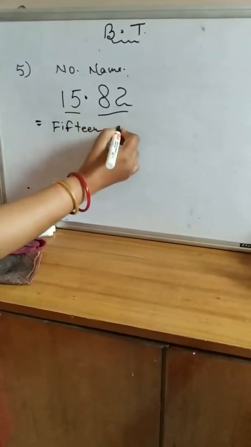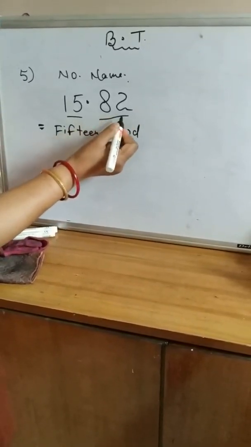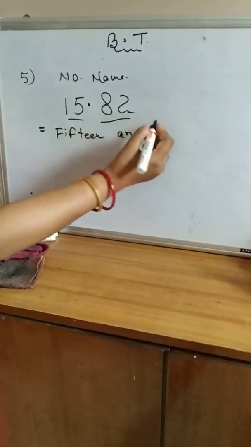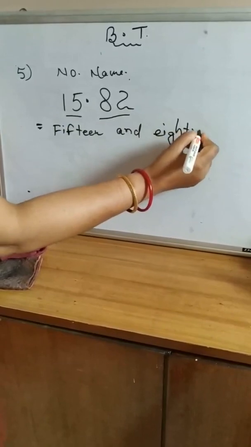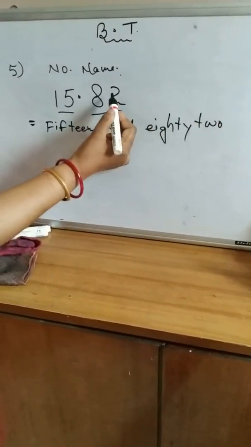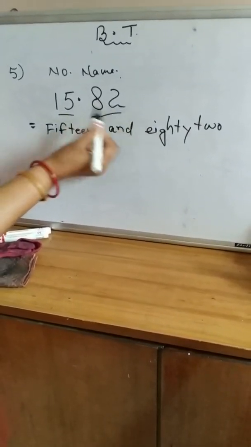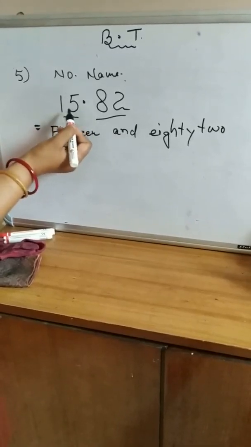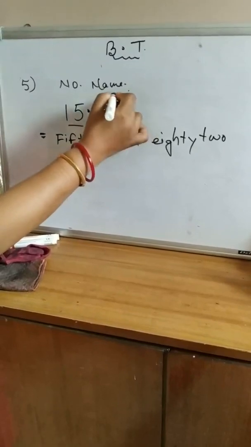Then for the decimal, the right hand side, this is the decimal number part. Firstly write down this number, 82. And then mention the place of this 2, the last digit. Whenever we read 15.82, the place value of 2 is hundredth.